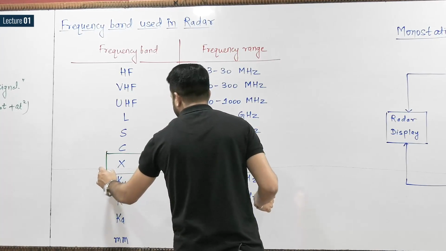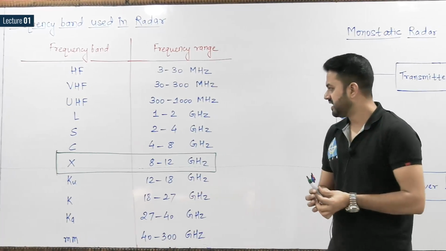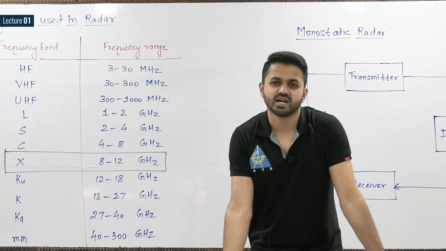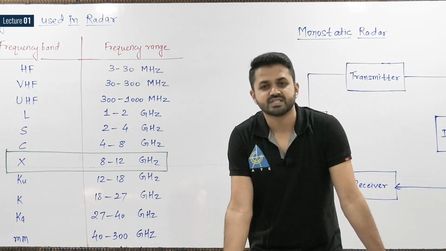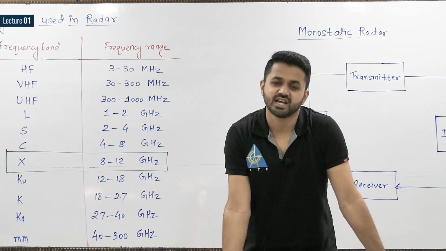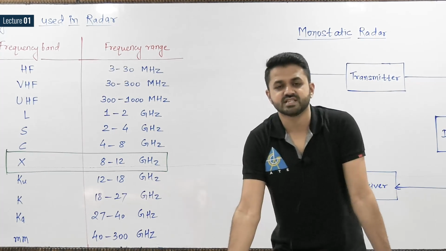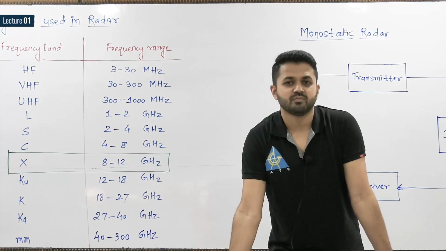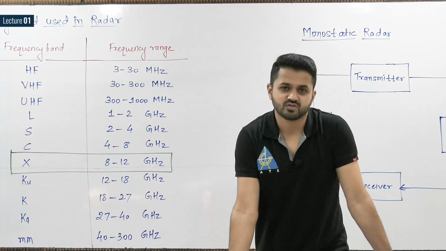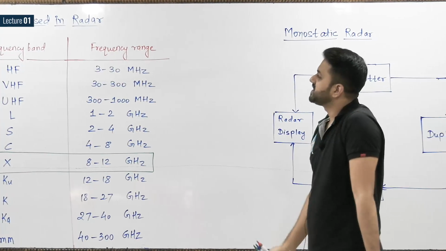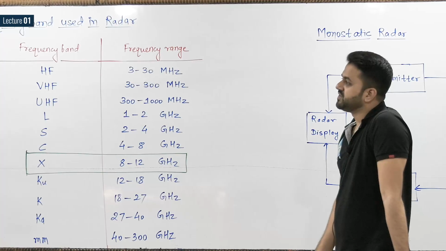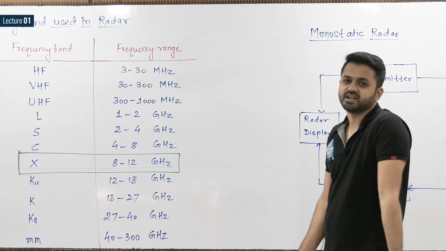I have seen in the labs that this frequency range, the X band of 8 to 12 gigahertz, is still in use in microwave setup benches in different colleges. So these are the different frequency bands used in the radar system. Now we will derive the equation for the radar range.